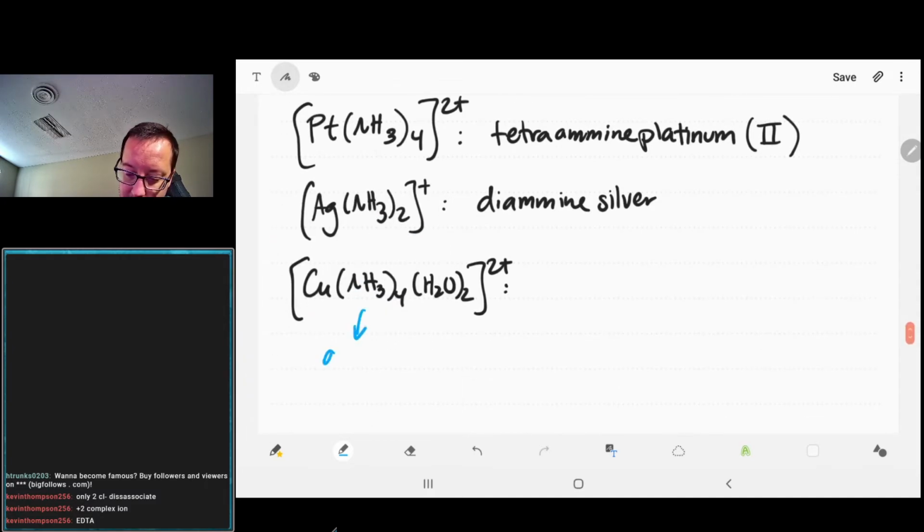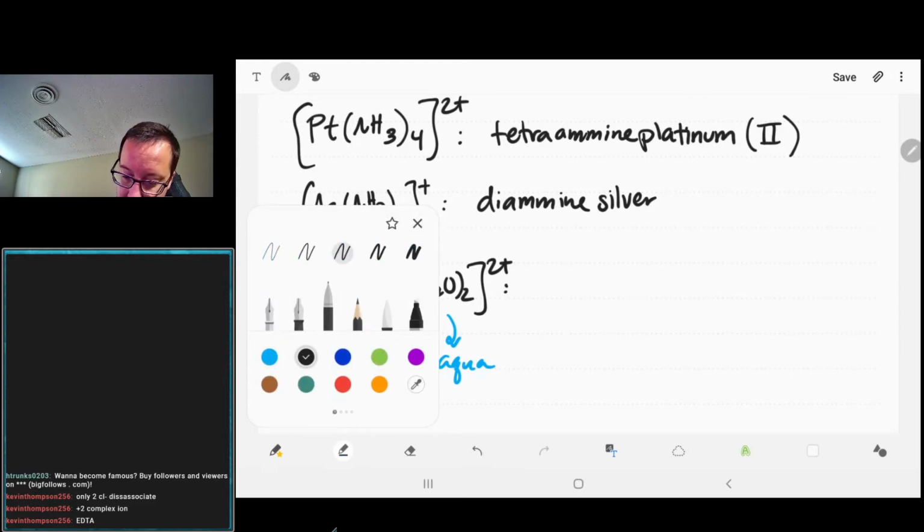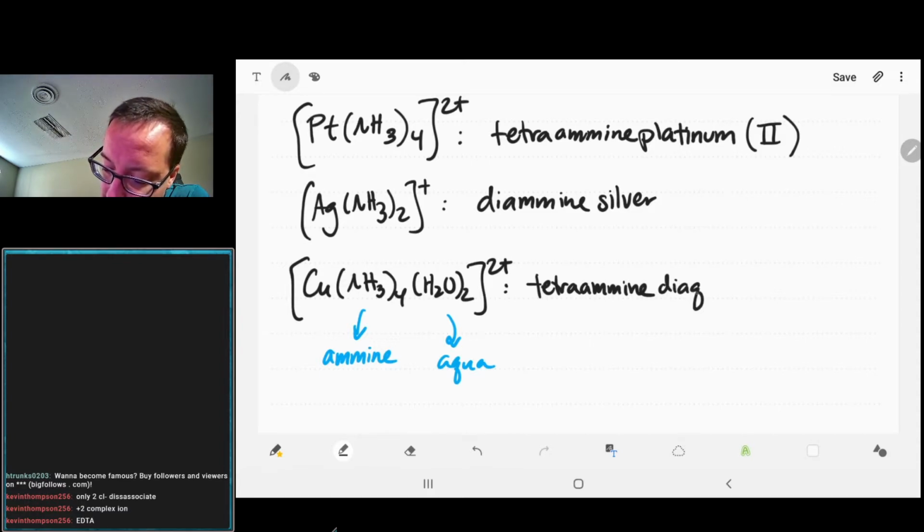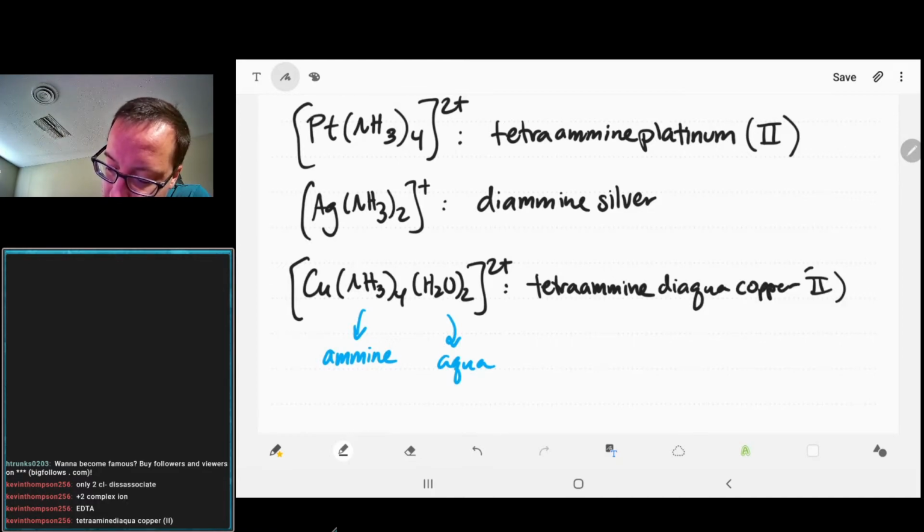We have amine, we have aqua as our ligands. Amine comes first, alphabetically speaking, so we're going to do that one first. And so this will be tetraamine diaqua copper 2. Yes.